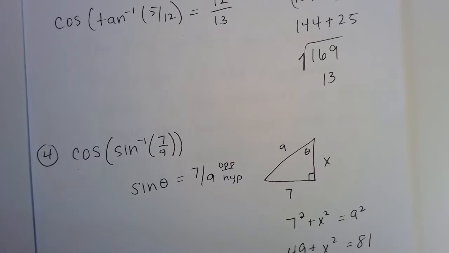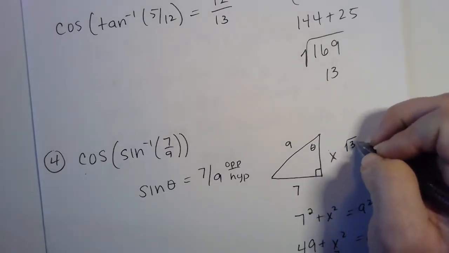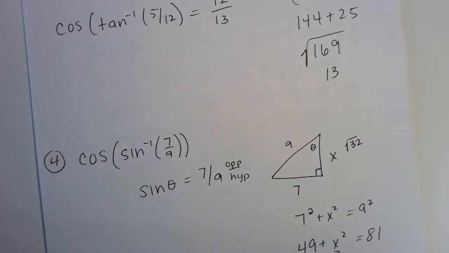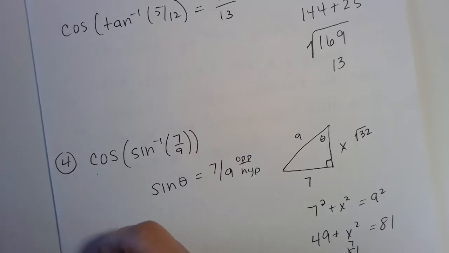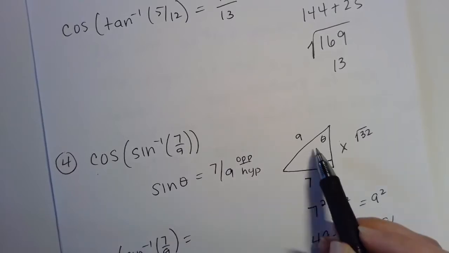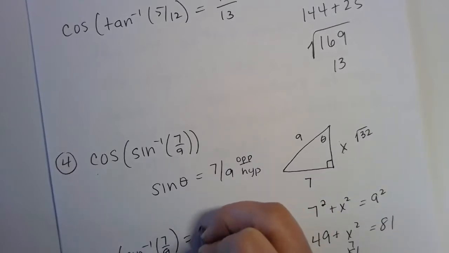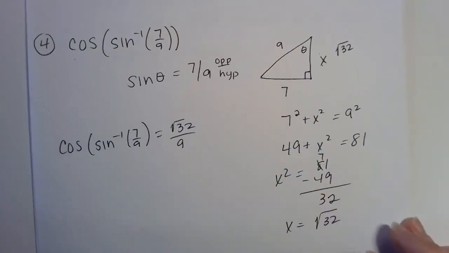So this is the square root of 32, and you can simplify that radical if you'd like. I'm just going to leave it. So the cosine of arcsine of 7 over 9 is the adjacent, square root of 32, over the hypotenuse, which is 9. Okay?